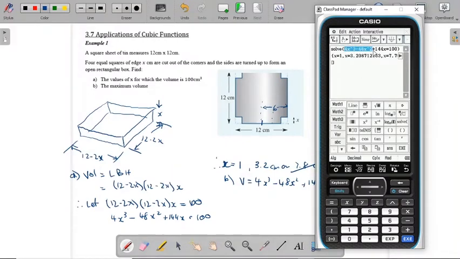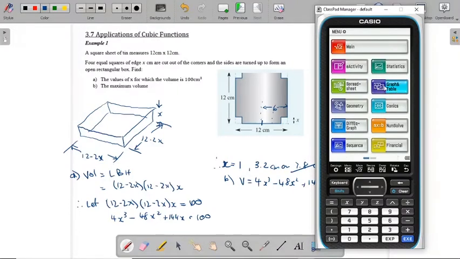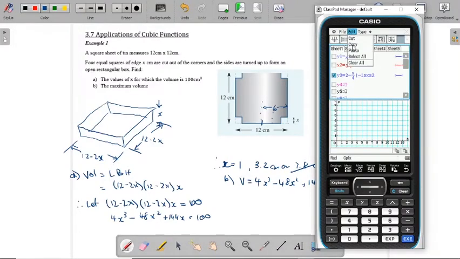I'm going to highlight that and copy it, then go to our menu and go to graph and table, and paste that in because that is our expression for the volume, and then we can graph.